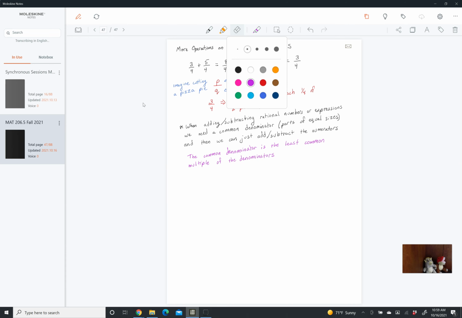So let's take an example. And we'll do an example with rational numbers first, and then we'll move on to rational expressions.